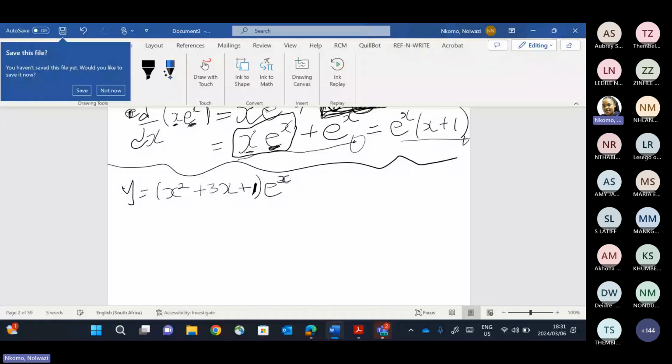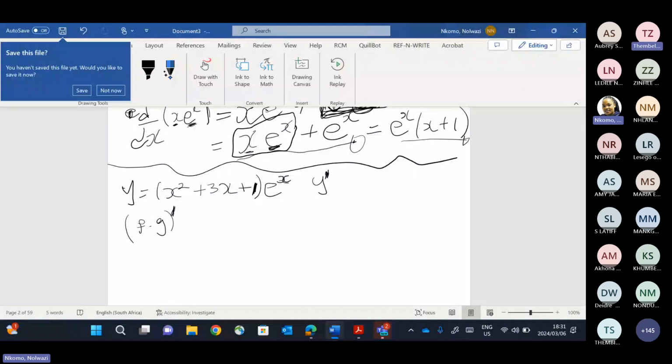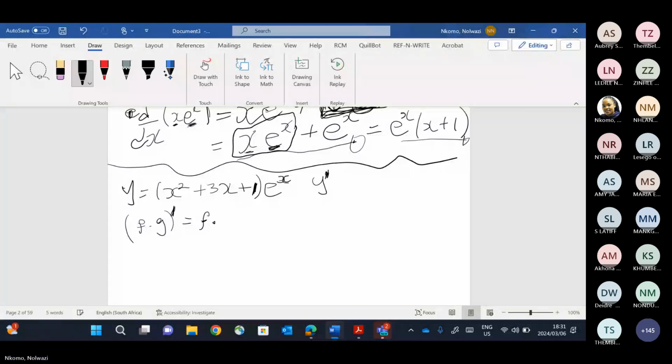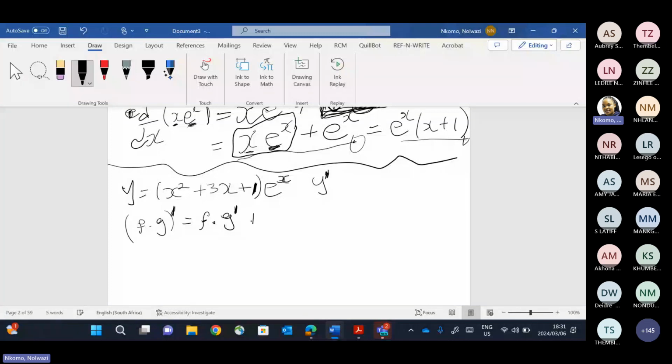We said the derivative of f times g will equal, let's say we keep the first function times the derivative of the second function, plus you keep the second function times the derivative of the first function. So it's f times the derivative of g plus g times the derivative of f, right?